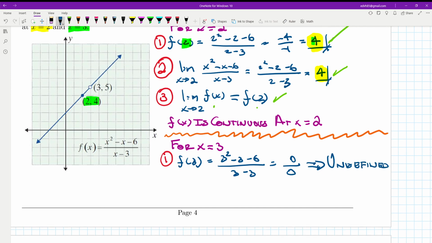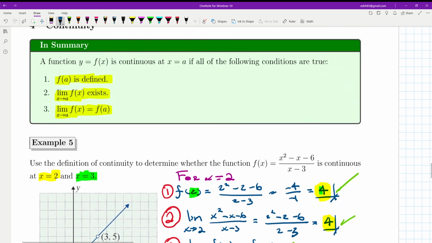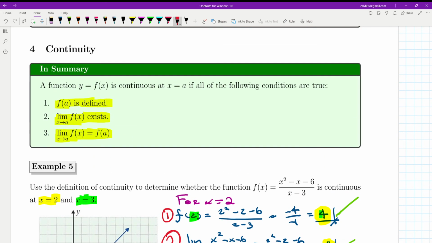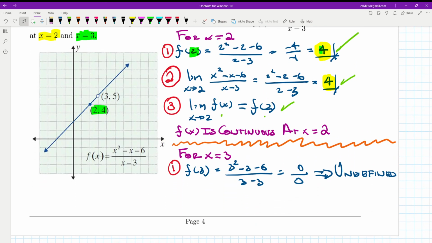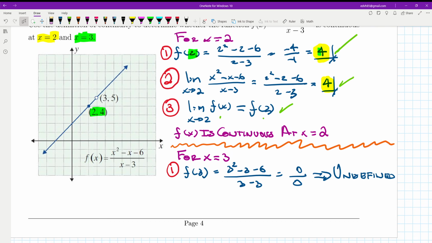The function is undefined. So in this case, the first condition is not met. The function is not defined at that value, even though the limit will exist anyway. The limit will exist because if we look at the graph coming from the left and coming from the right, the limit is still the same.